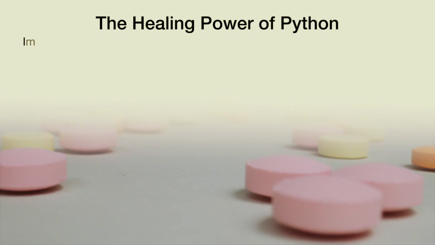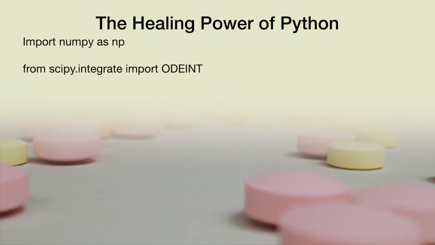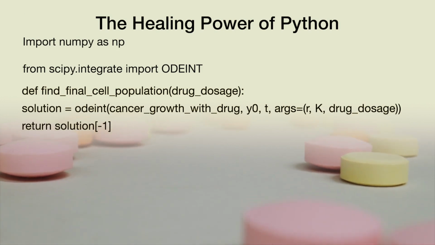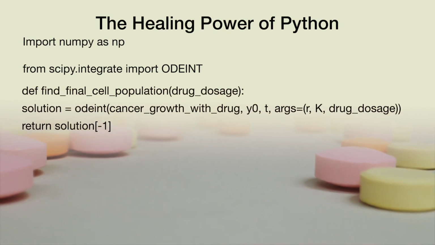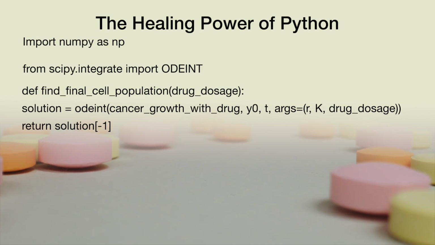After that, what was our y naught, what was our t that we have just seen, and there are arguments that we are having, which is r, k, and drug doses. You all already know what these variables are doing because I have already told you. After this, we are going to return the final cell population, and hence we will write return solution -1.